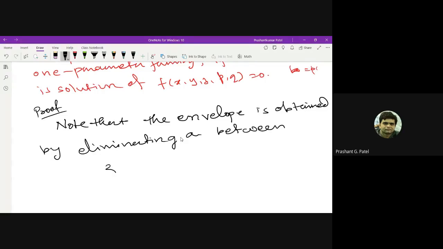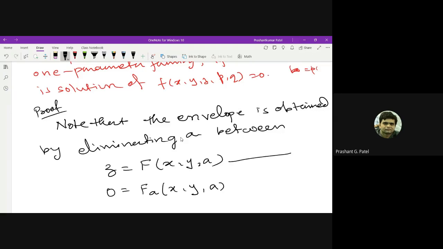First one is z is equal to f of x, y, and a, and the second one is, if you differentiate this with respect to a, that will give you fa of x, y, and a. If I call this, I think it is the 6th number and this one is 7th.